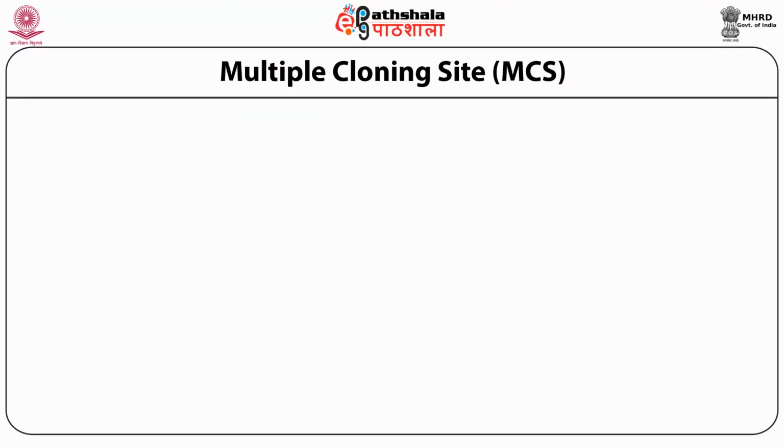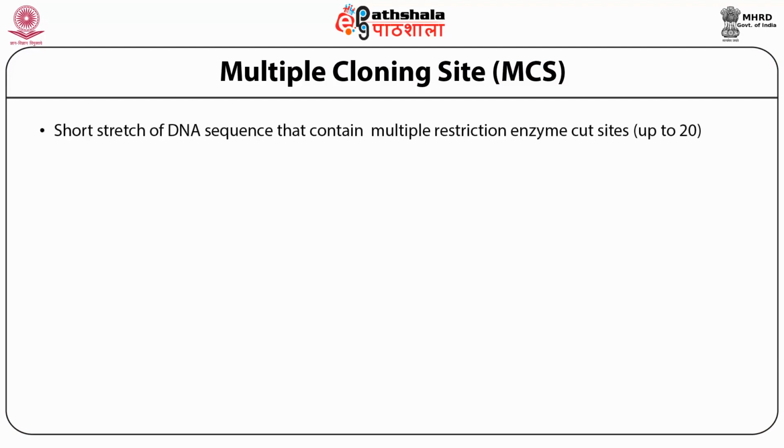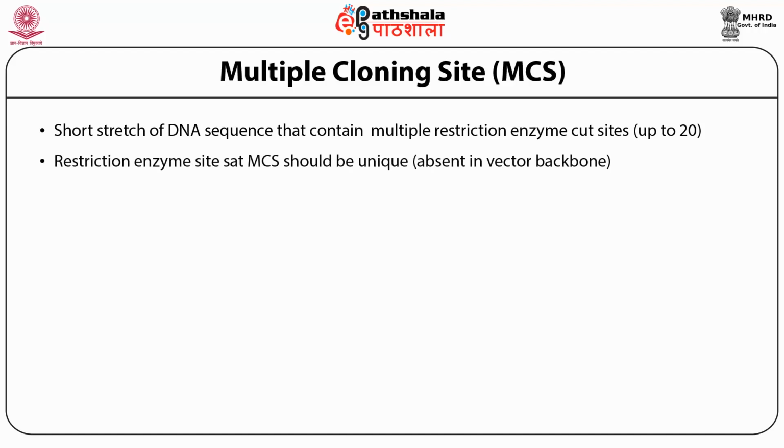Multiple cloning sites. Multiple cloning sites are another characteristic of protein expression vector, which are short stretch of DNA that contain multiple restriction cut sites, up to 20 sometimes. And these restriction enzyme sites at MCS should be unique and should not be present in the vector backbone.